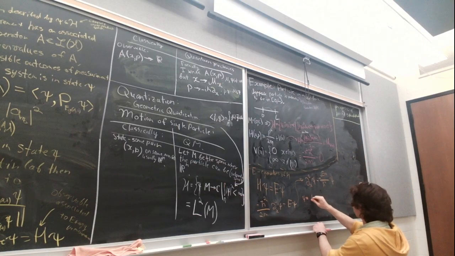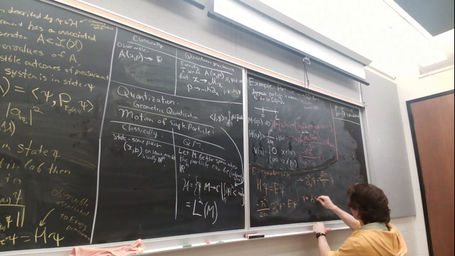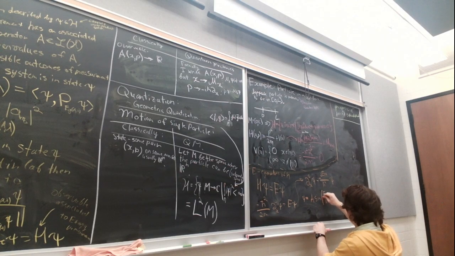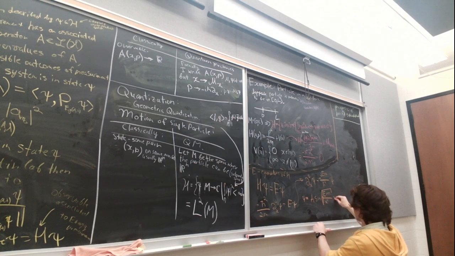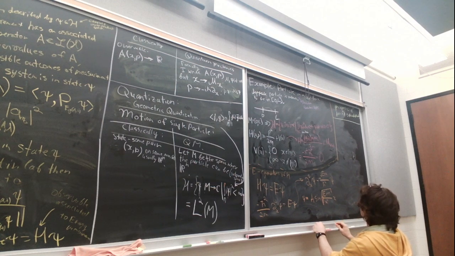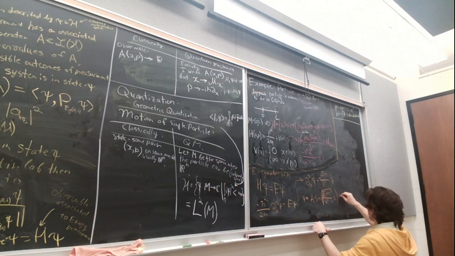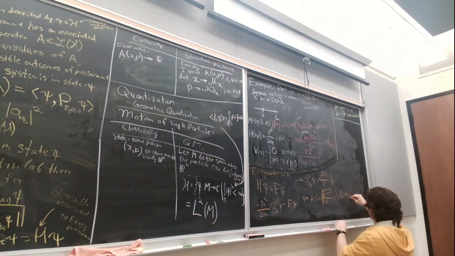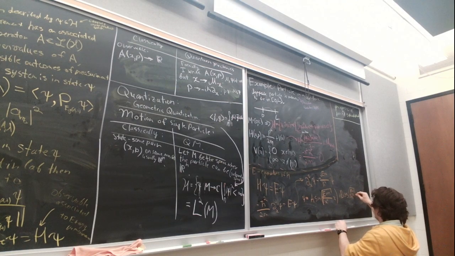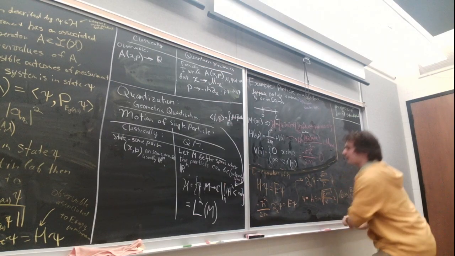Using this fact, we know that the solution psi has to be some a times sine of the square root of 2mE over H bar squared times x, plus b times cosine of the same square root of 2mE over H bar squared times x.